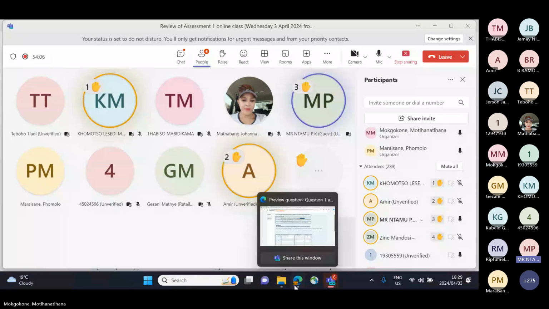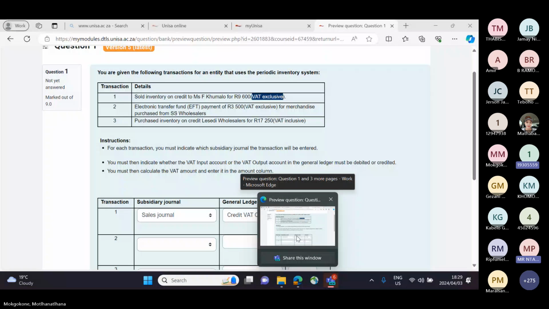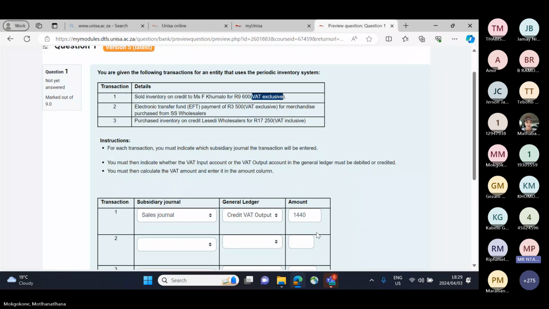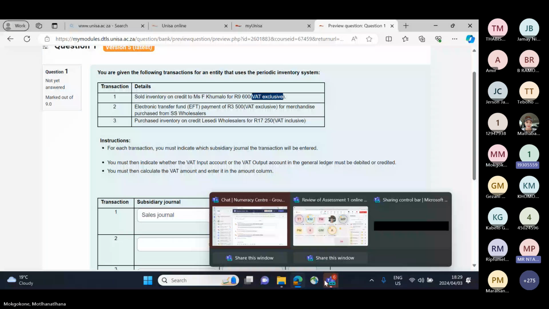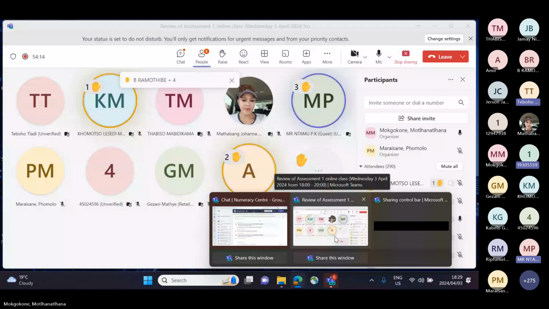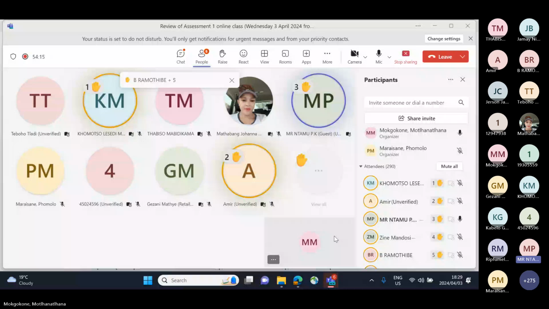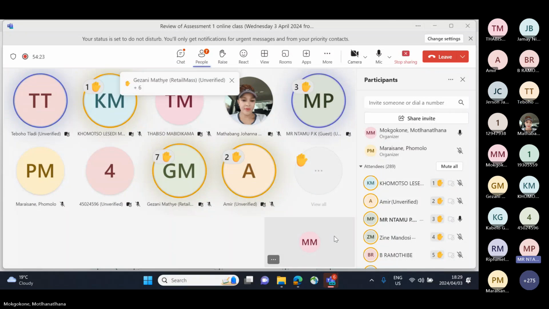I'm perplexed to say that for some of us, it is the first time we do accounting at matric level. We did something other than accounting. We find it challenging to understand some of the concepts of this module. So by doing it this way, I don't think it will really be helping.